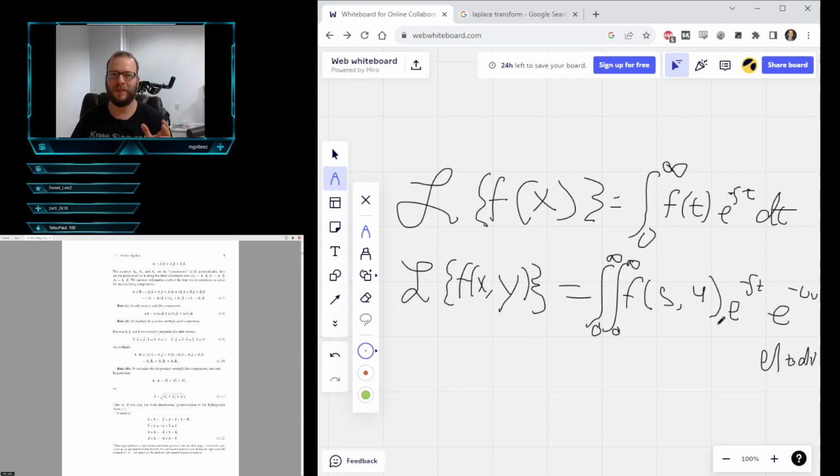Laplace transforms I've used them for solving differential equations, because when you take the Laplace transform of a differential equation, you get an algebraic equation. You solve the algebraic equation, transform it back, and you have a solution to your differential equation. Very handy. But that is that. So there's your two-dimensional Laplace transforms.